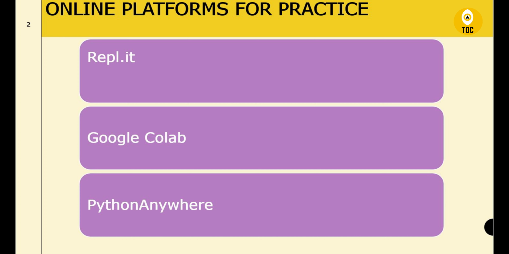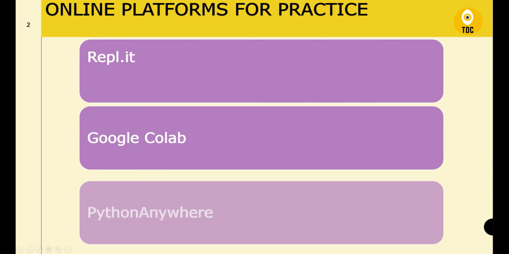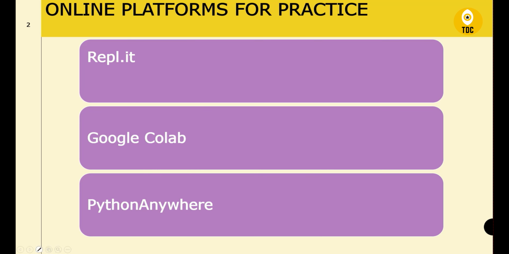But because we are concentrating on Python for data professionals, I would recommend you use the other two, Google Colab and Replit. These two are more preferable for data scenarios, not Python Anywhere. Python Anywhere you can use for web application deployment scenarios. But as a data professional, I would recommend you use either Replit or Google Colab.